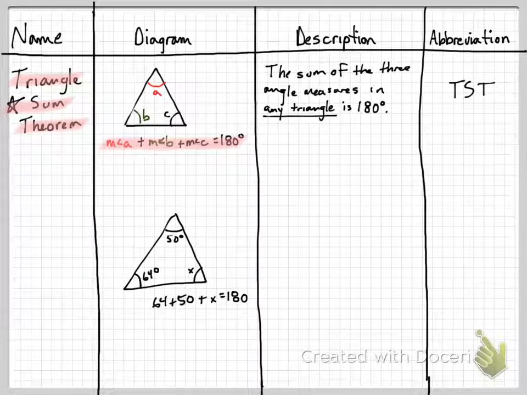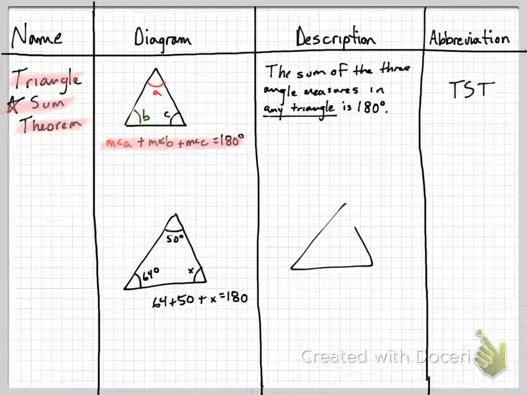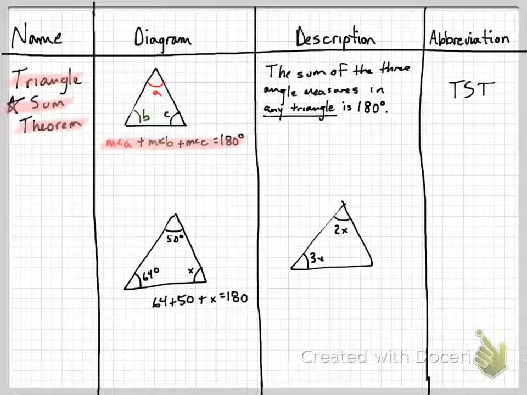And there you go. You could also have situations where there's a triangle and they give you some expressions to use. So maybe it's going to be 2x right here, and then this is going to be 3x minus 11, and then this is going to be, let's go with 5x plus 8.